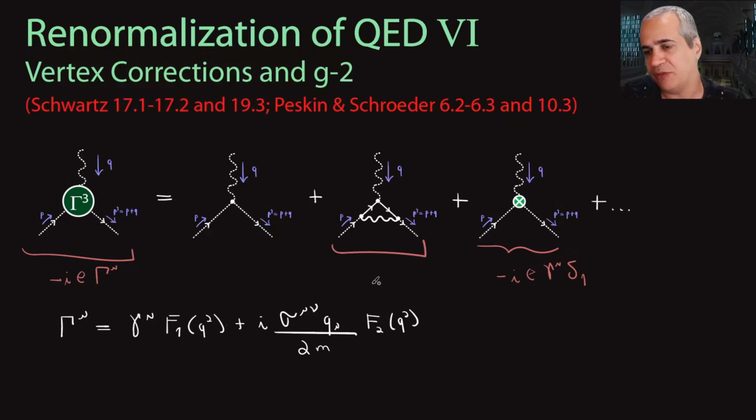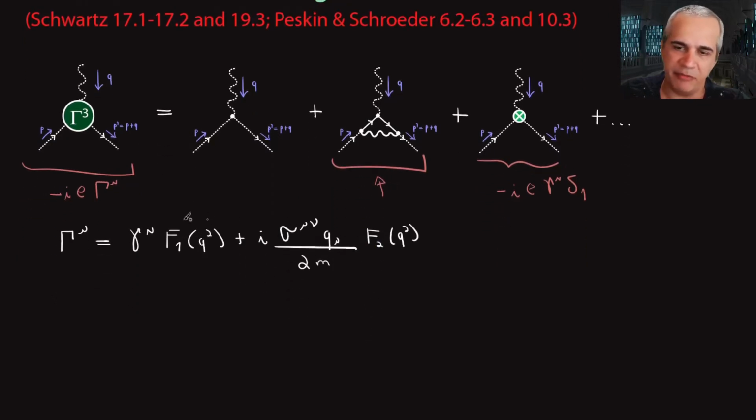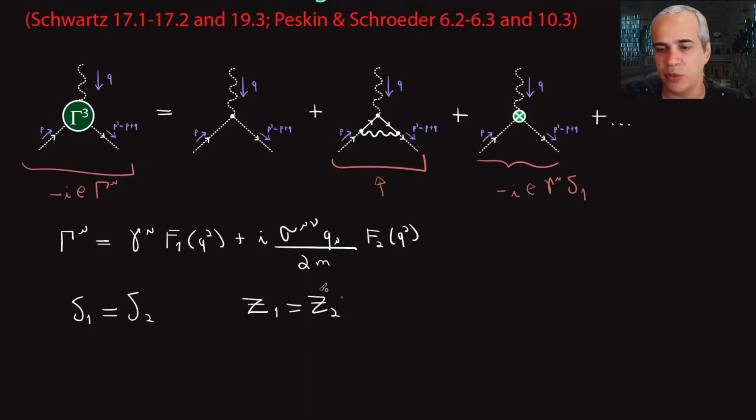And now, as far as renormalization goes, we probably didn't even need to calculate this. You might remember that in the same video we have shown that, as a consequence of the Ward-Takahashi identities, delta 1 is equal to delta 2, these being equivalent to Z1 equal to Z2, where Z2 is the correction to the electron propagator, and Z1 is the intrinsic correction of the vertex.